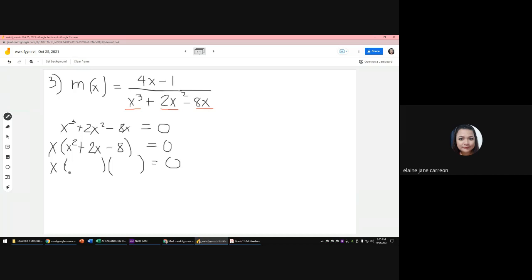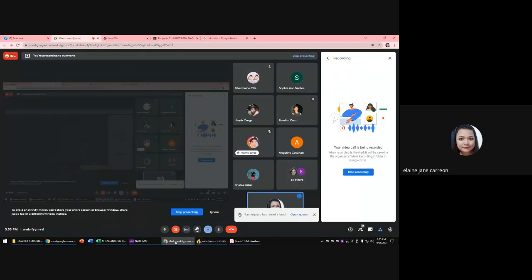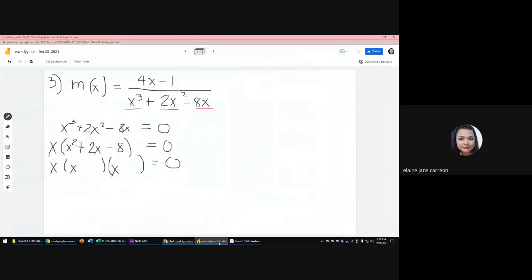Okay, factors of x squared: x and x. Next, factors of negative 8 that, when added, give positive 2. Similar to earlier, we have positive 4 and negative 2.